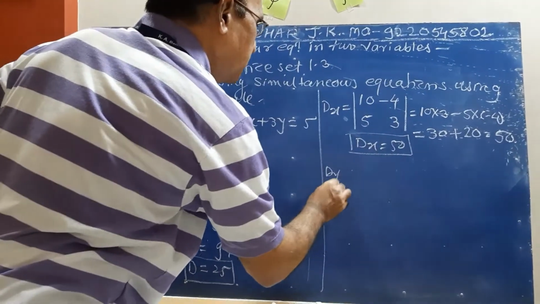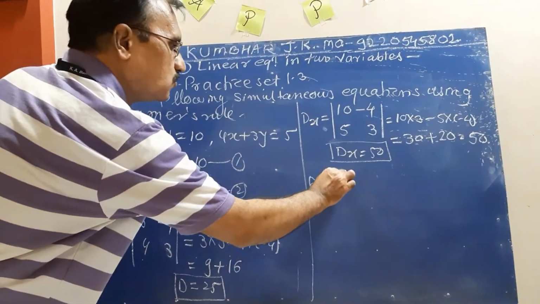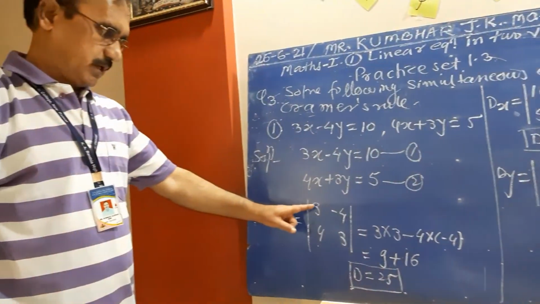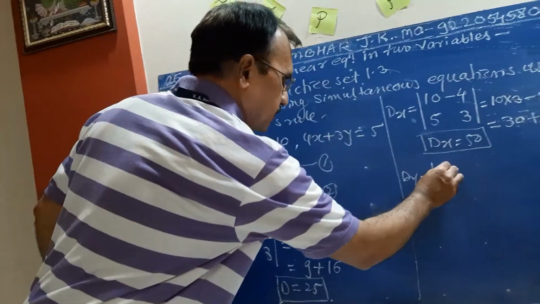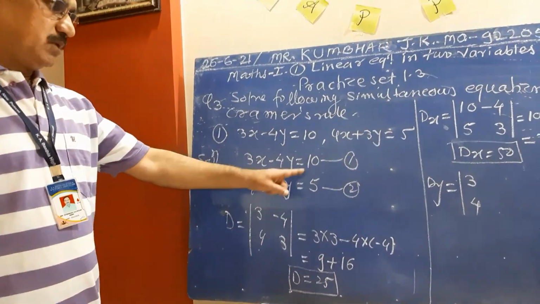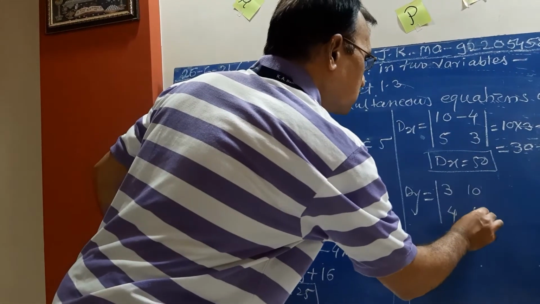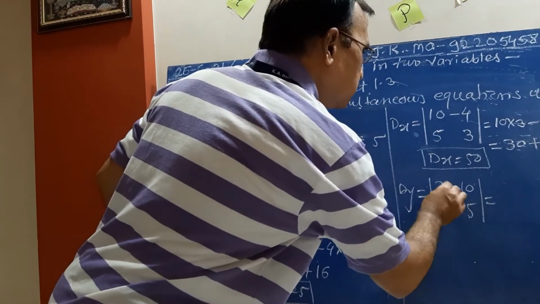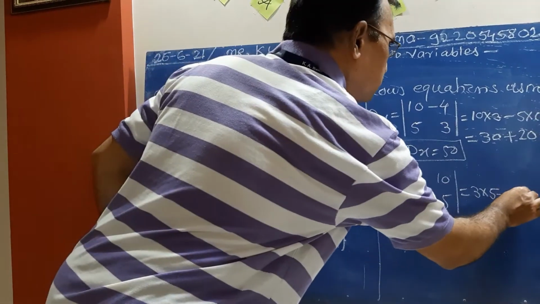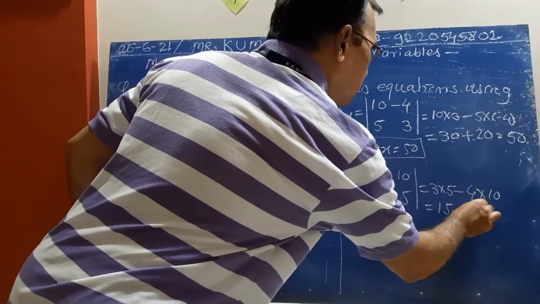Then for Dy, how can we find Dy? Yes, first a1 and a2 as they are, that is 3, 4, and except b1 and b2 their reserve players are there, 10 and 5. This is equal to 3 into 5 minus 4 into 10, which is 15 minus 40.